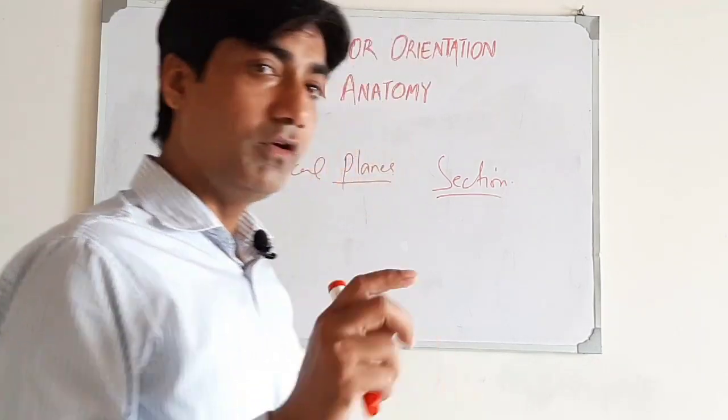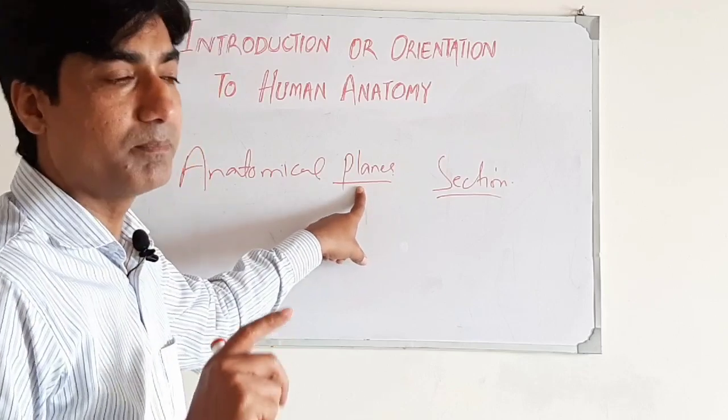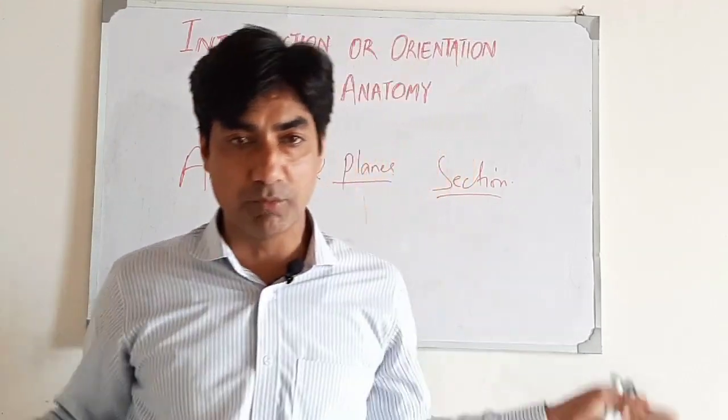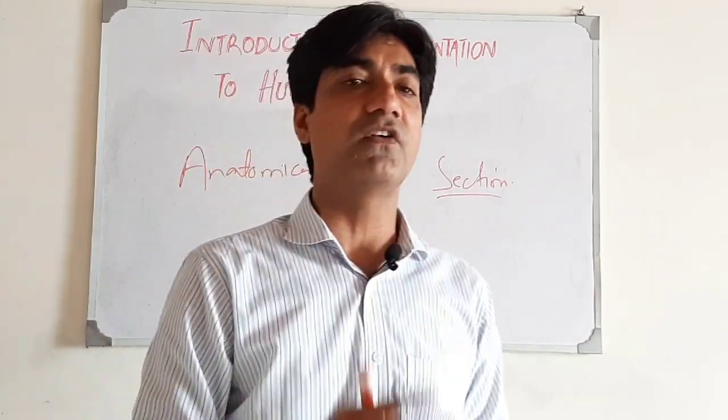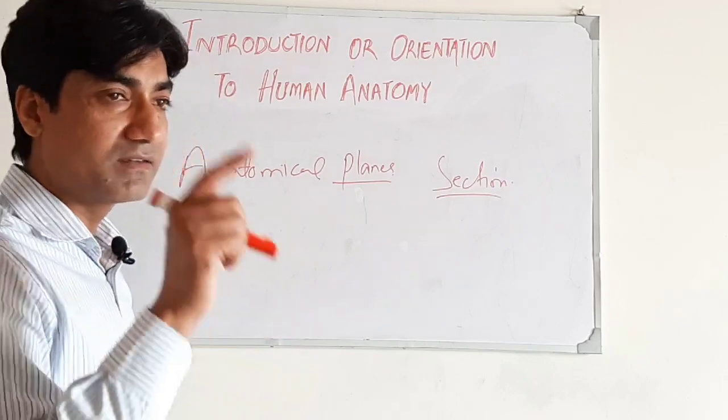But we are discussing now the planes. What are the anatomical planes? Planes imply an imaginary cut to describe the human anatomy. There are three types of imaginary cuts or planes used in human anatomy to describe the structure.